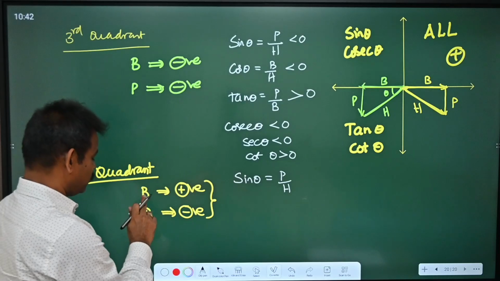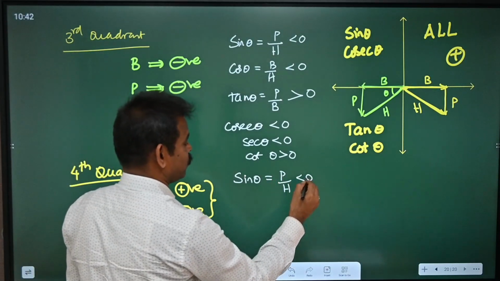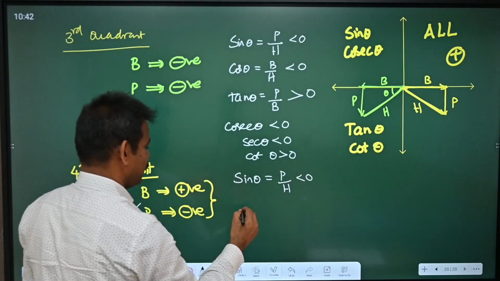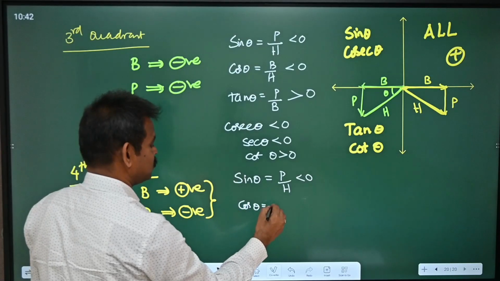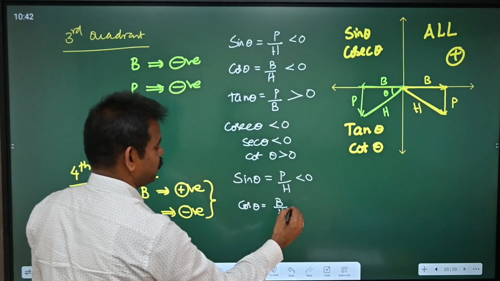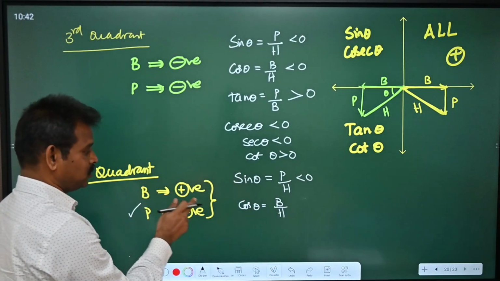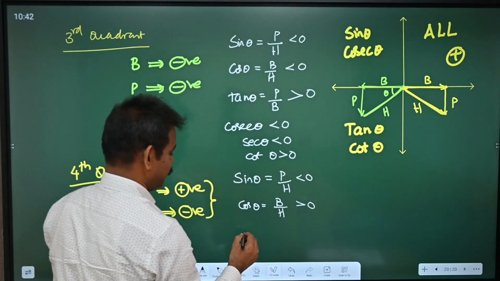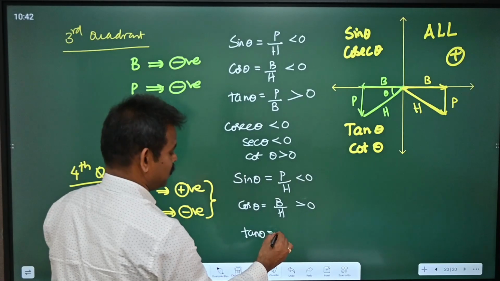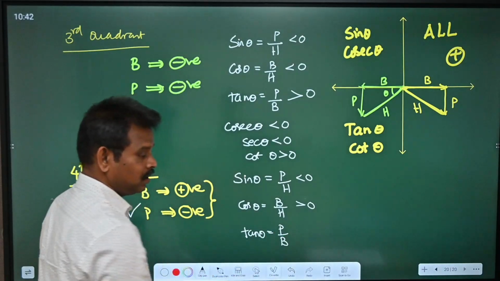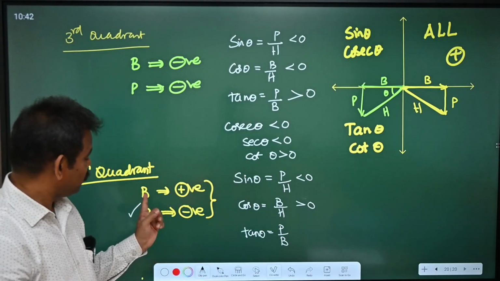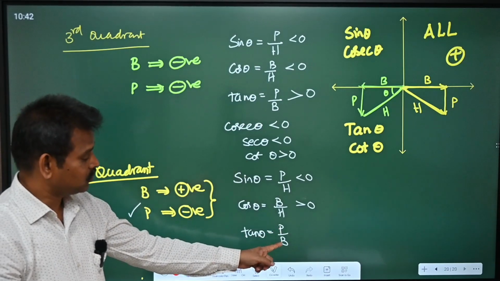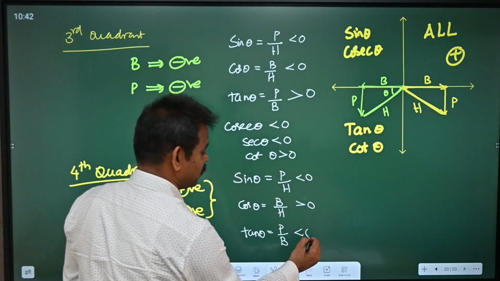P is negative, so this should be negative because hypotenuse is always positive. Then cos theta is equal to base by hypotenuse. Base is positive, so positive by positive, it should be positive. And tan theta is perpendicular by base. Perpendicular is negative and base is positive, so this must be negative.